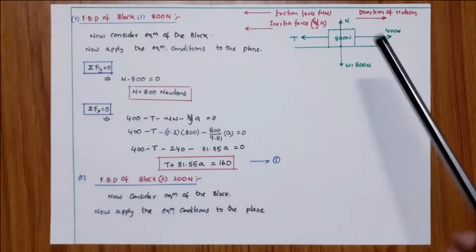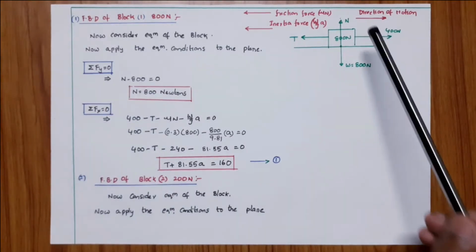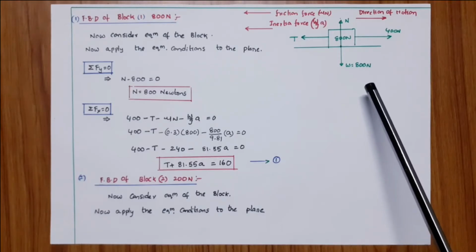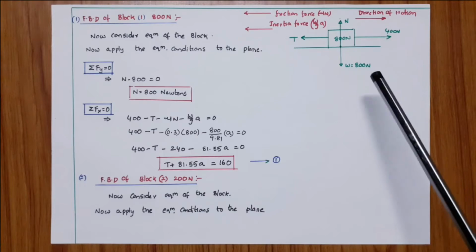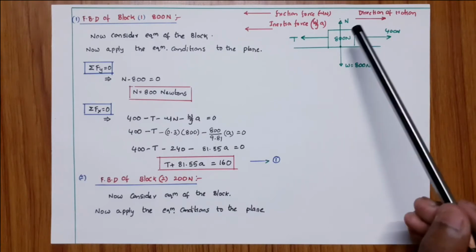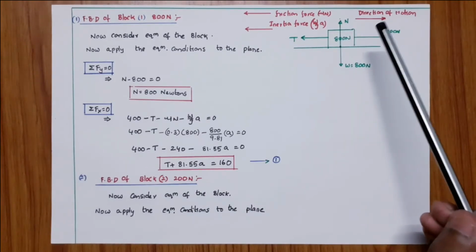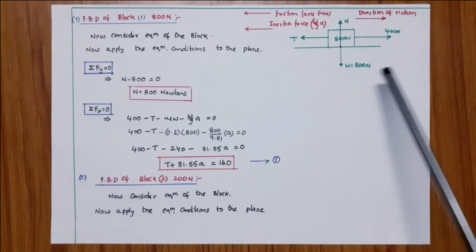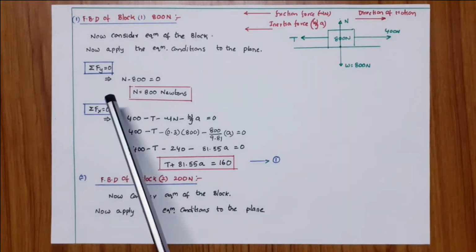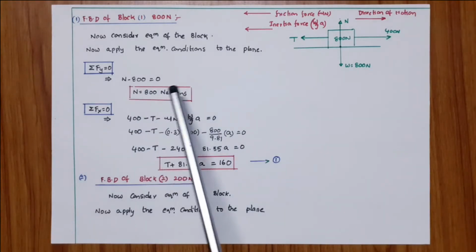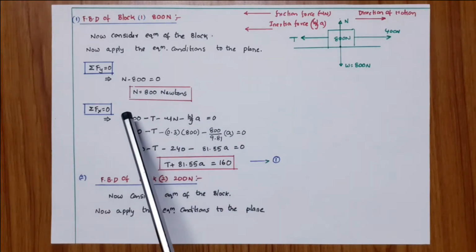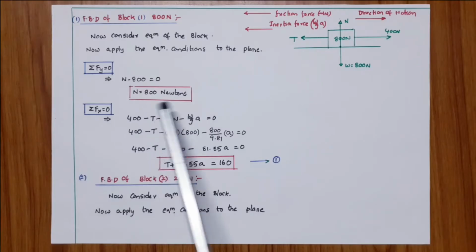The forces in vertical direction are N and W. The force acting upwards is positive, the force acting downwards is negative. So N minus 800 is equal to 0. Finally, normal reaction N equal to 800 Newtons.